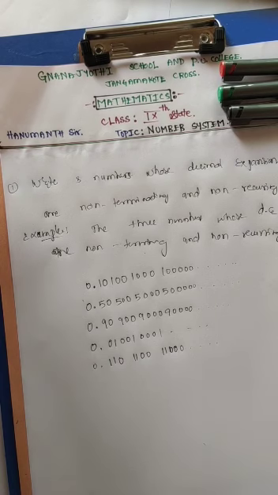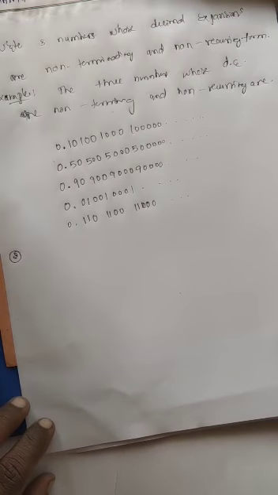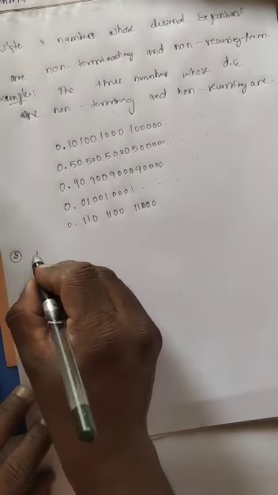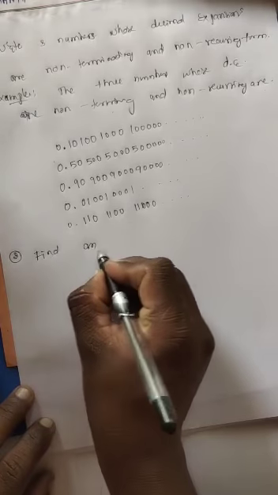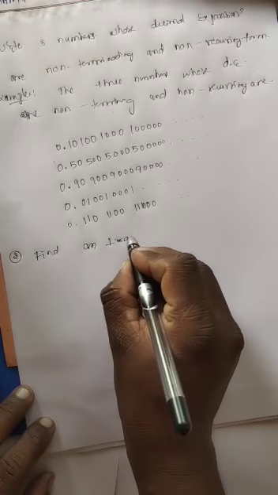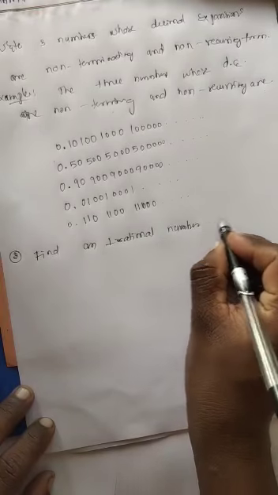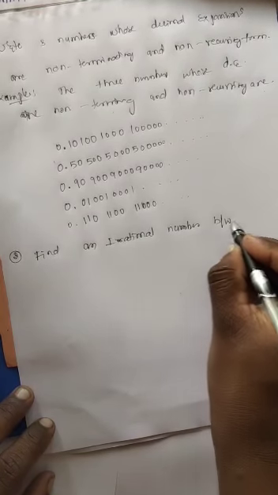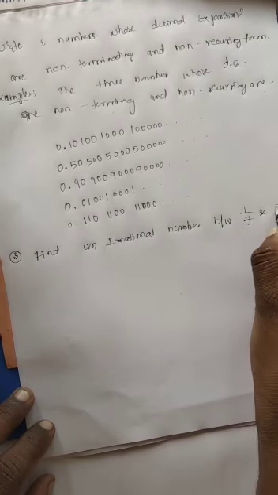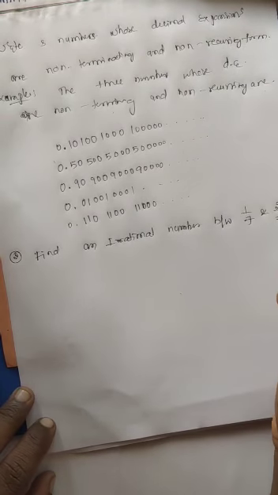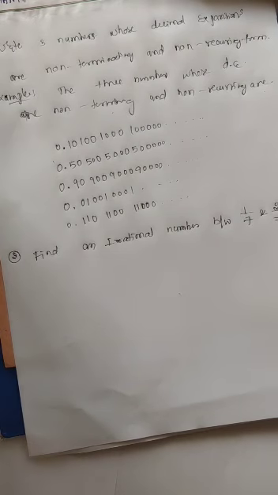Okay, then come to the second one. Find an irrational number between 1 by 7 and 2 by 7.